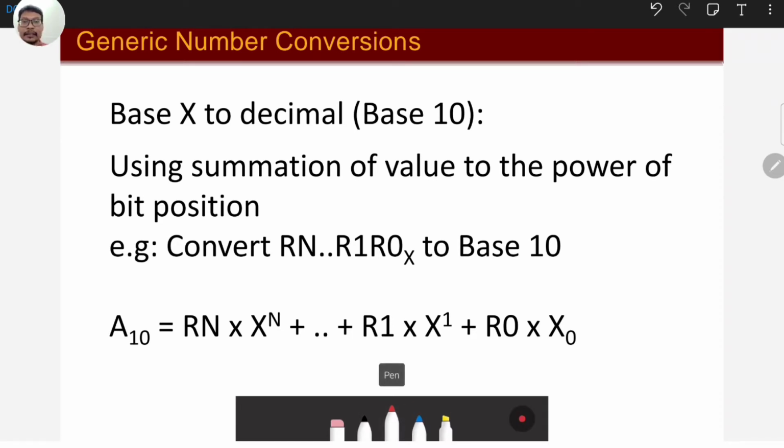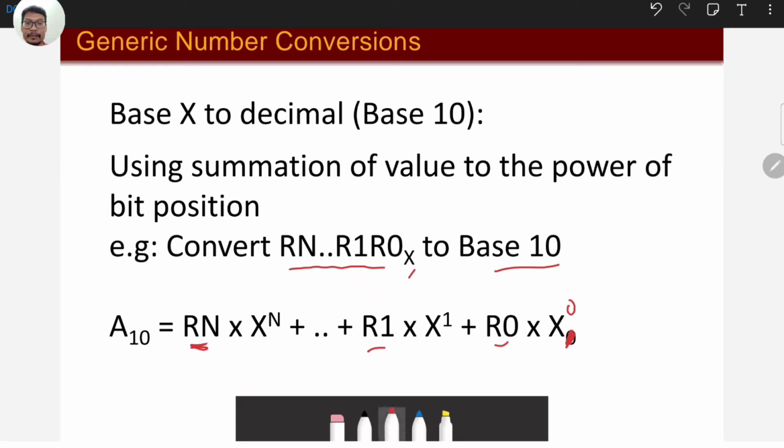If we have Rn all the way to R0 in base x, we can convert to base 10 by multiplying the value at each bit position by the base to the power of that bit position, plus all of the values until R1, which is the value at the first bit position multiplied by the base to the power of 1, plus the value at the 0th bit position multiplied by the base to the power of 0.